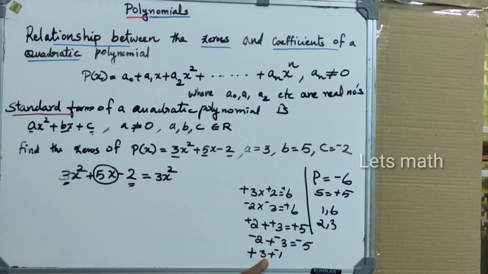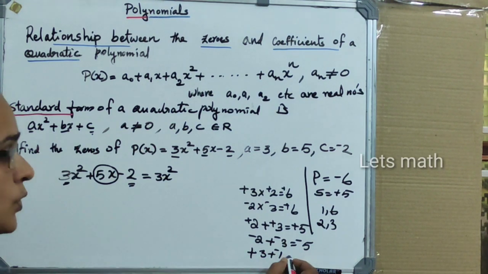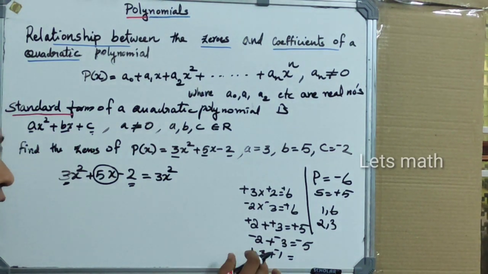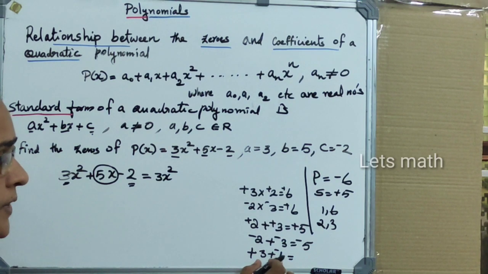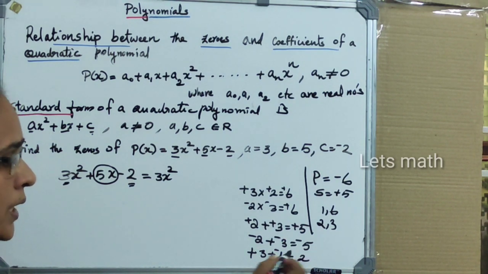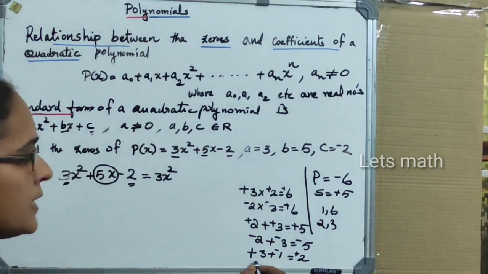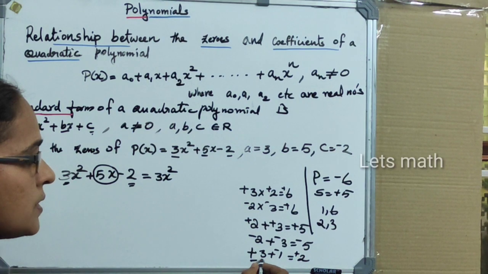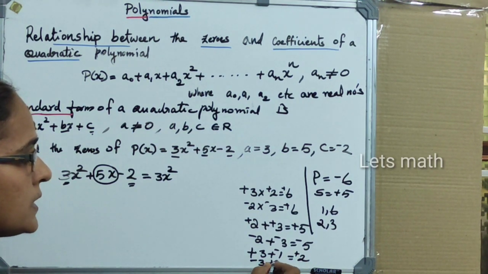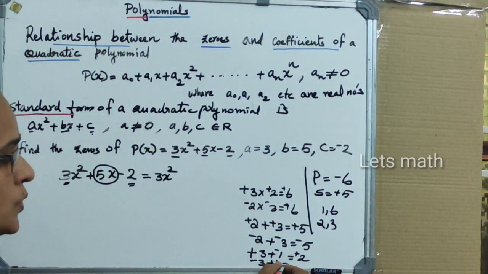We just find the difference of their absolute values and put the sign of the greater. So find the difference of 3 and 1, that is 2, and put the sign of the greater number, that is positive. So positive 3 plus negative 1 is 2. Whereas if it is minus 3 plus 1, see the difference, 2, but the sign of the greater number is negative. So minus 3 plus 1 is equal to minus 2.